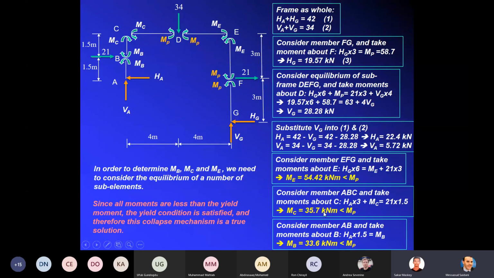When you do 21 into 1.5 minus HA into 3, it gives minus 35.7.